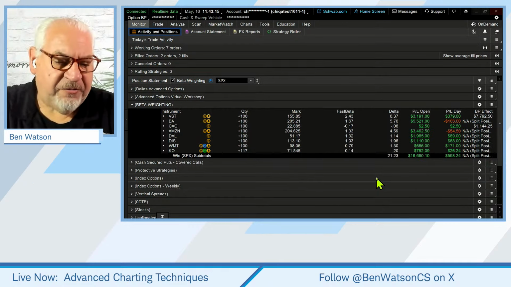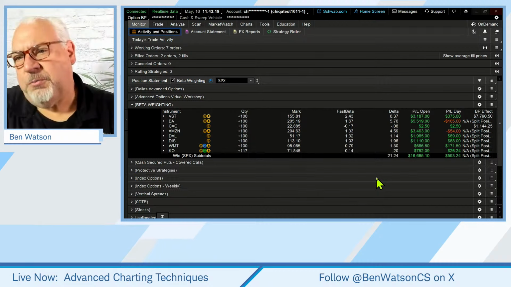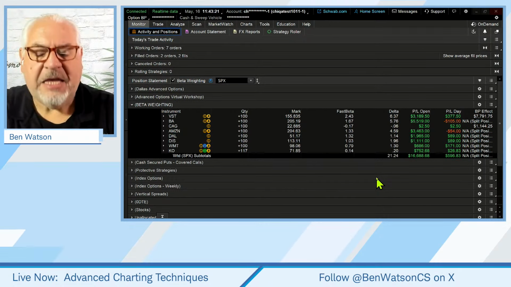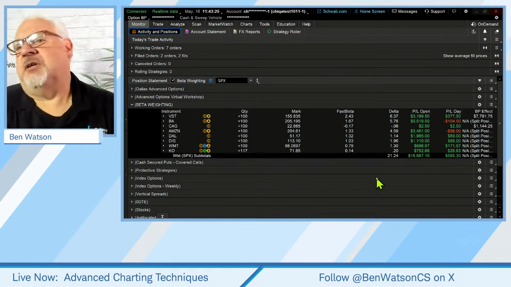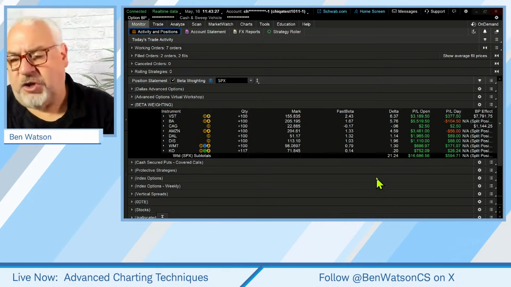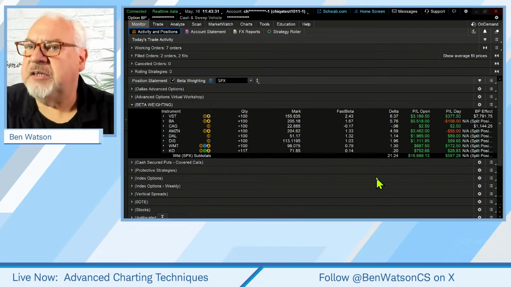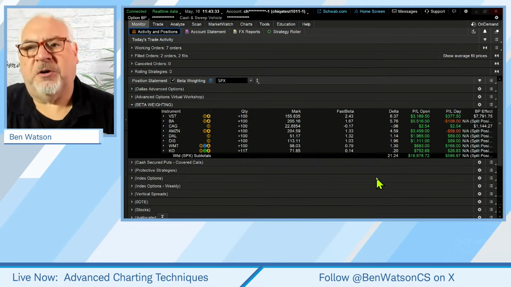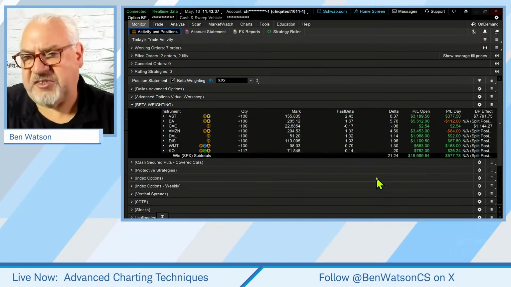If you have a less volatile portfolio, you may give up some stronger moves to the upside. But the pro of that, and to John's point again, is that you may avoid some of the volatility if the market moves down. Doesn't guarantee it by any means, but it may reduce that sensitivity.